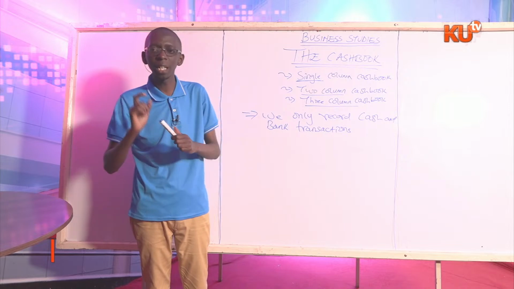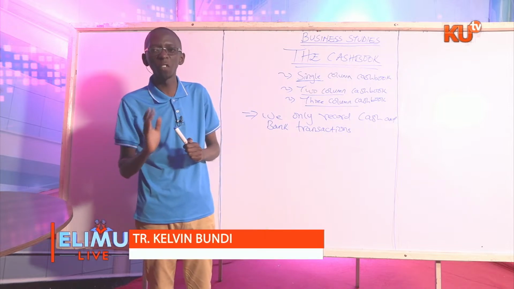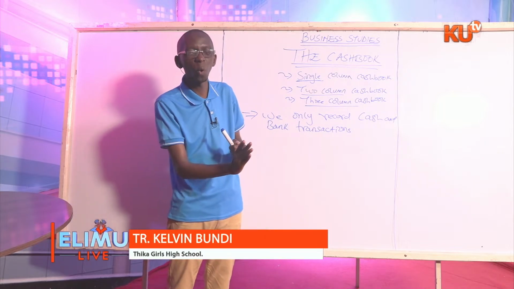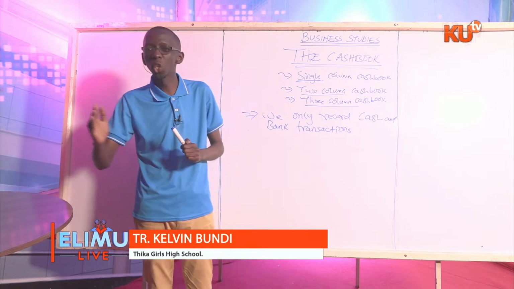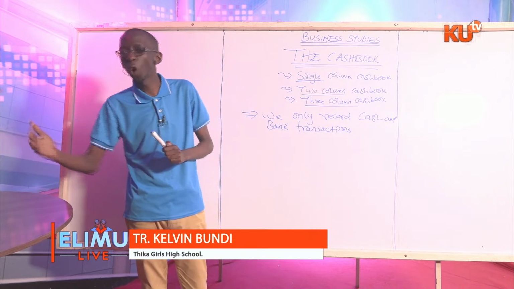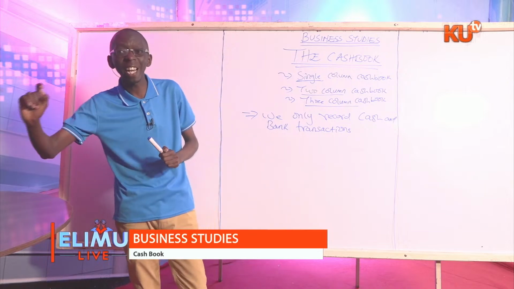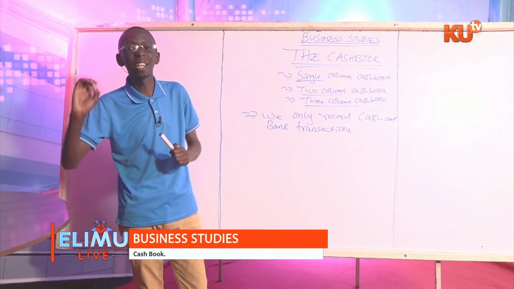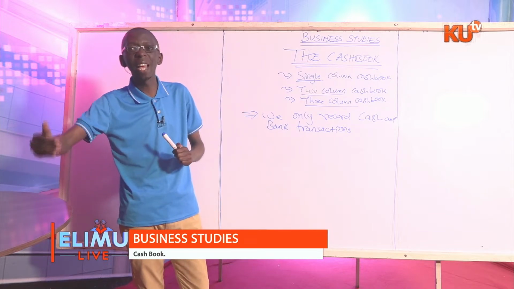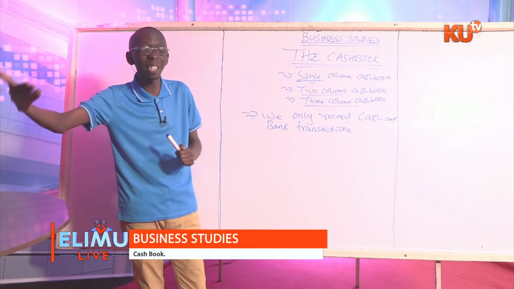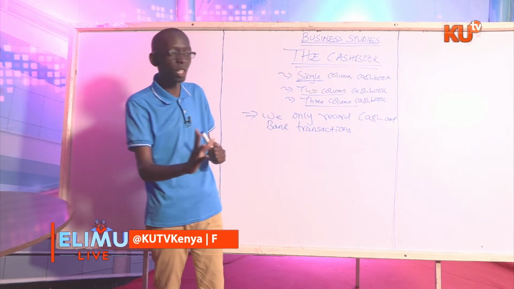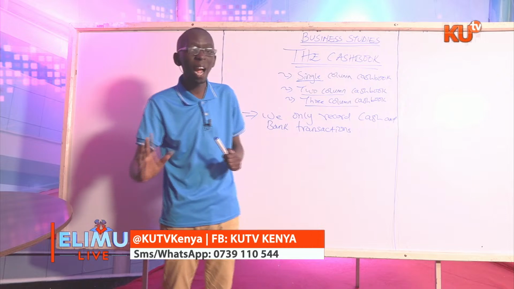So if a transaction does not involve cash, for example, Kimani bought goods on credit from Jumbo Traders. Credit is buying the goods and then saying that they will pay at a later date. So you have not paid for the goods by check or by cash.